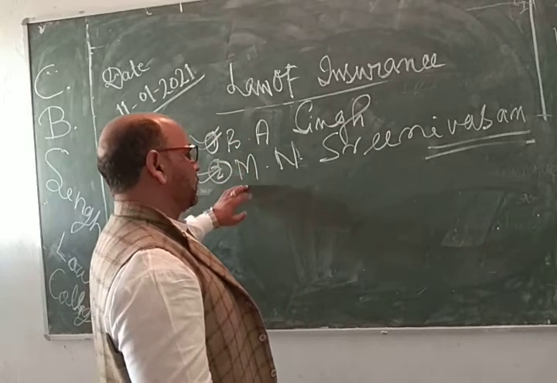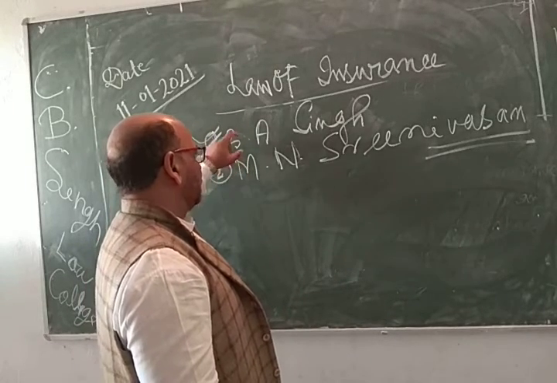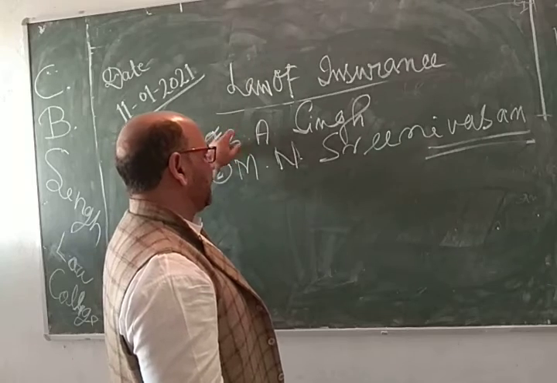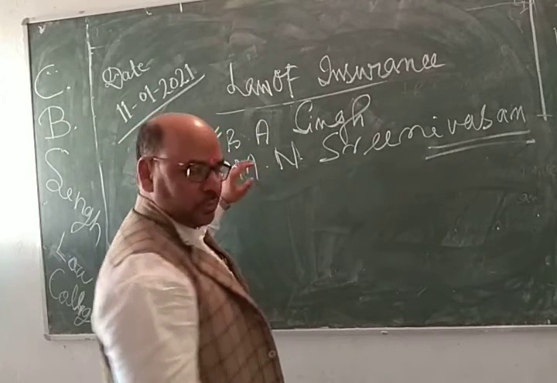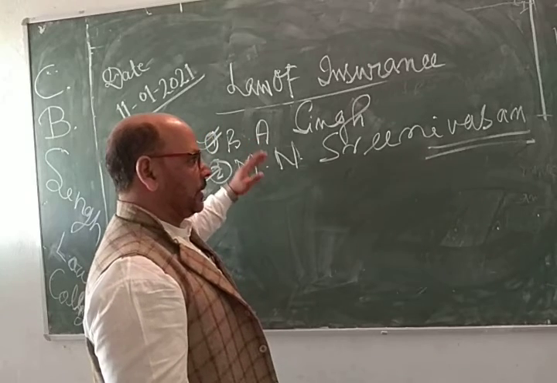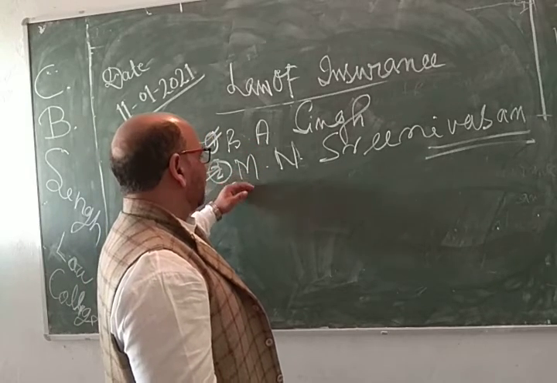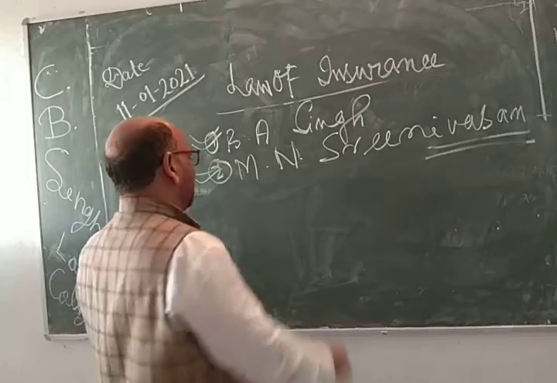Both books are the most important books. Even if you can buy only the B.A. Singh book, it is also a good book. M.N. Srinivasan, it is also a good book. From that book you have to read, and it is the most flourishing good book nowadays.